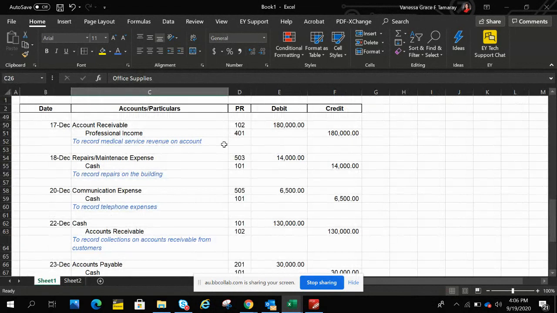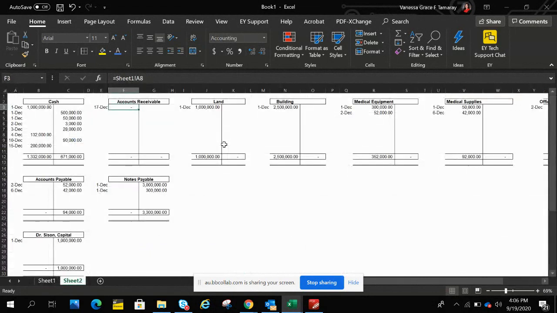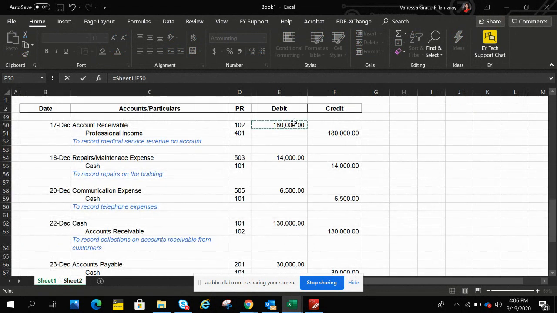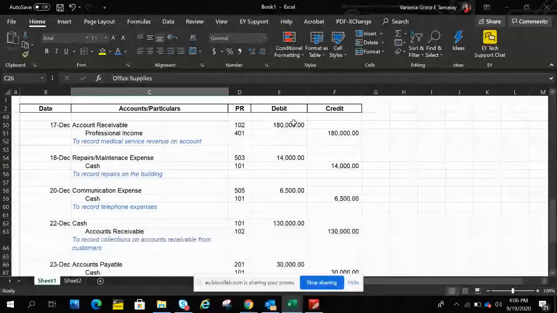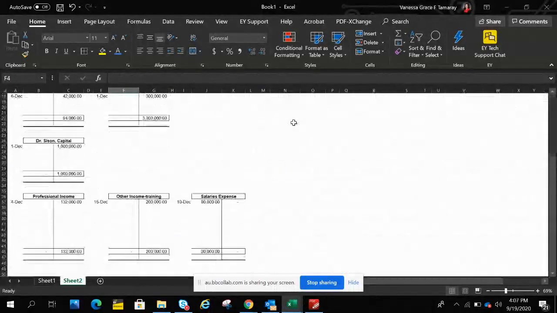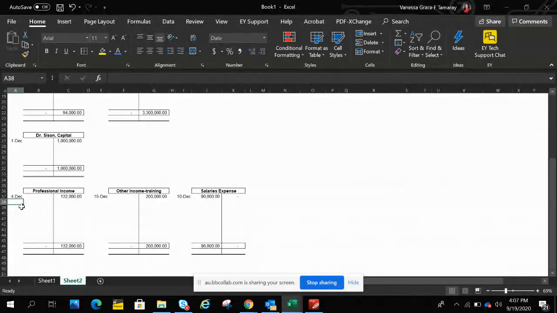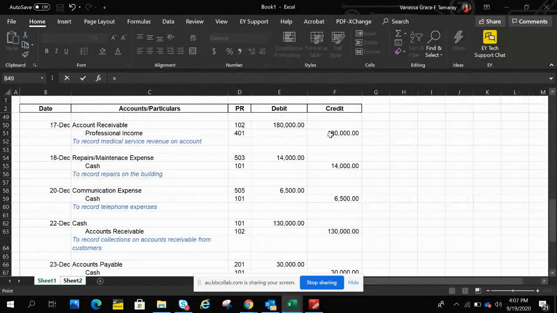December 17, 180,000 pesos. And then, professional income credit, December 17, 180,000 pesos.